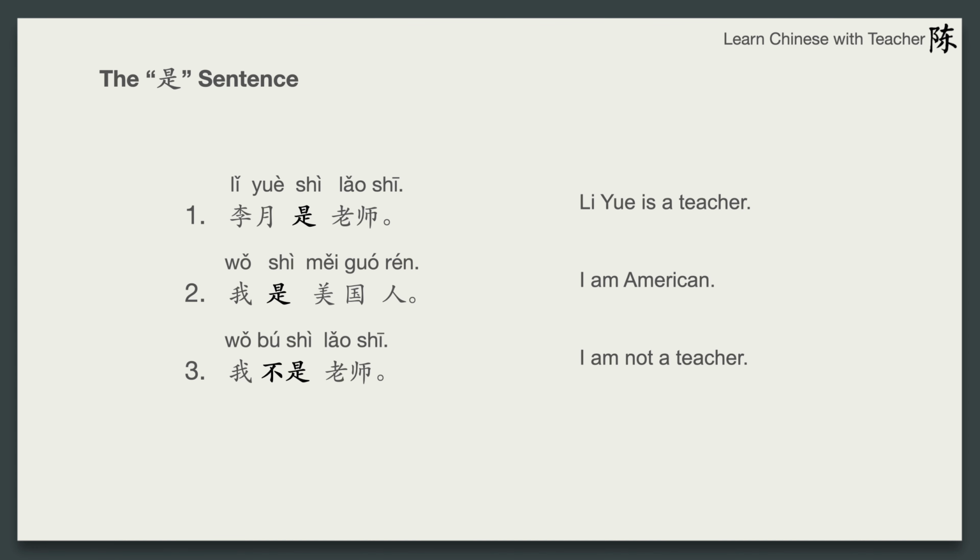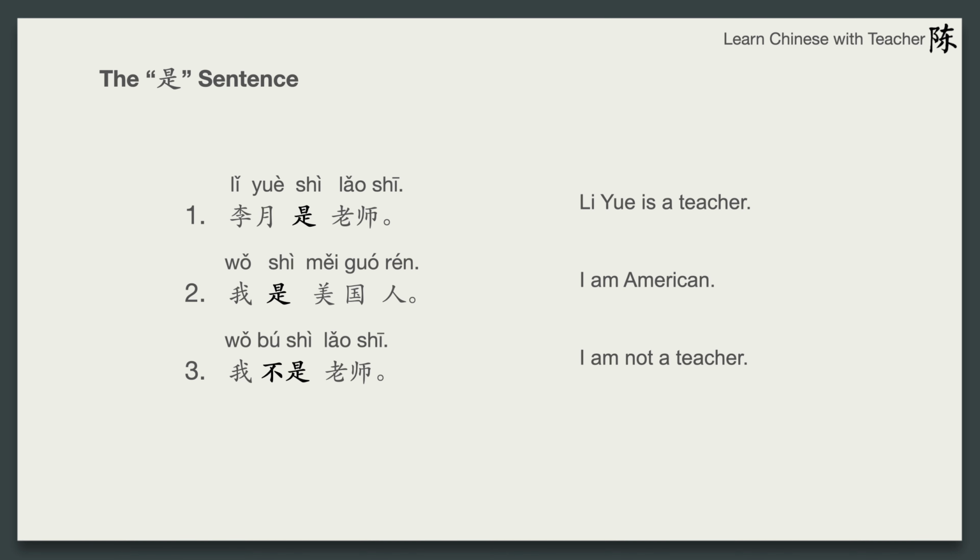The word order in a sentence is just like to be in an English sentence, but there is a significant difference between Chinese and English. English verbs have conjugations like to be. We say I am, you are, he's, she's, it is, they are. But Chinese verbs have no conjugations.